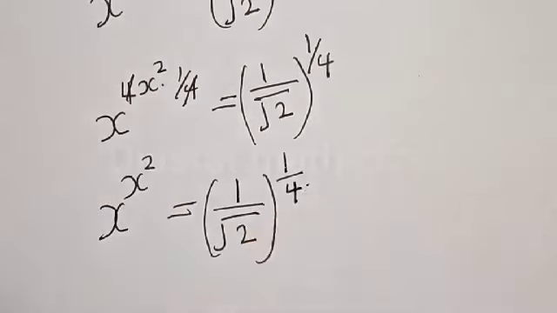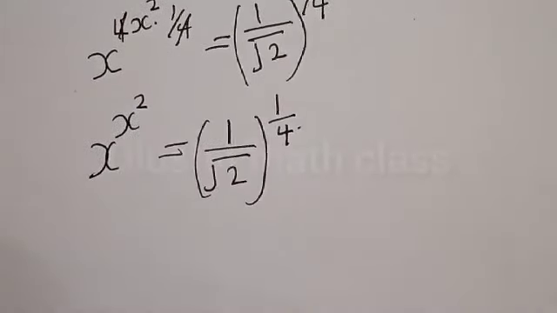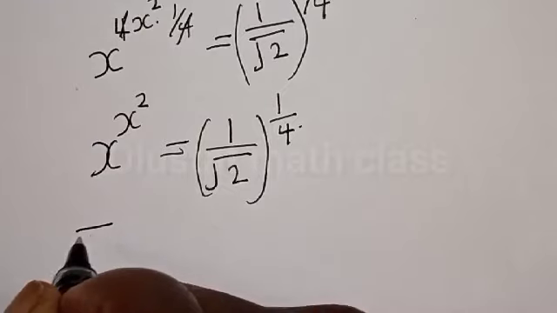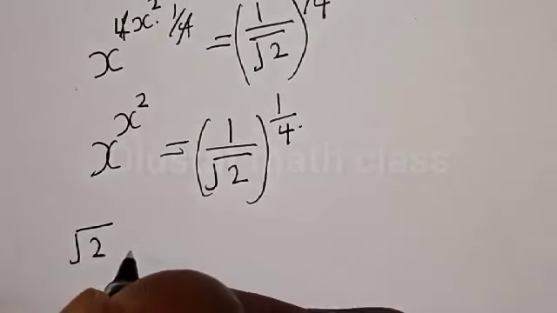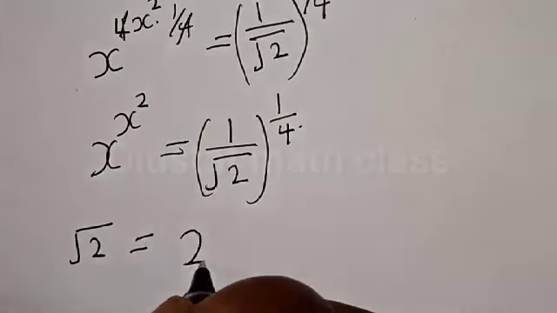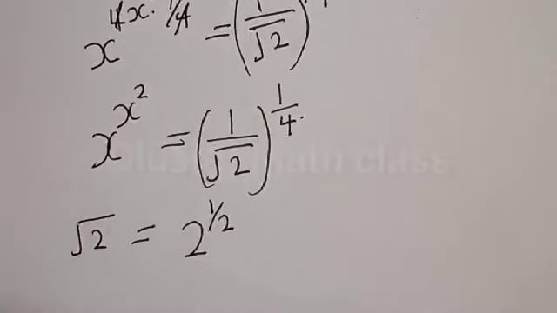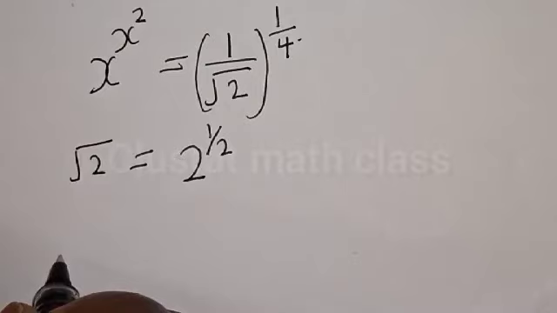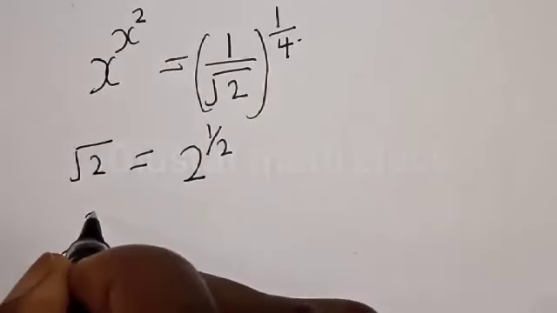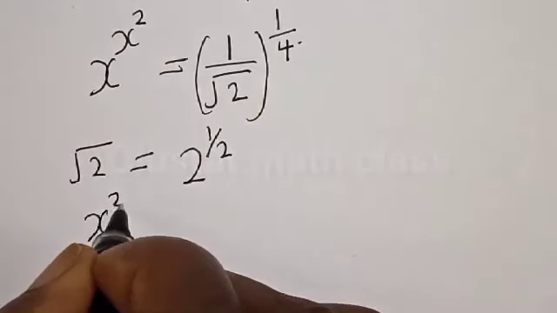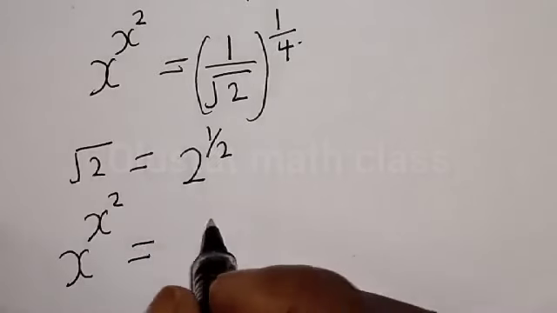Now, remember that square root of 2 is the same thing as 2 raised to power 1 divided by 2, that is half. Then we have x raised to power x squared is equal to what?